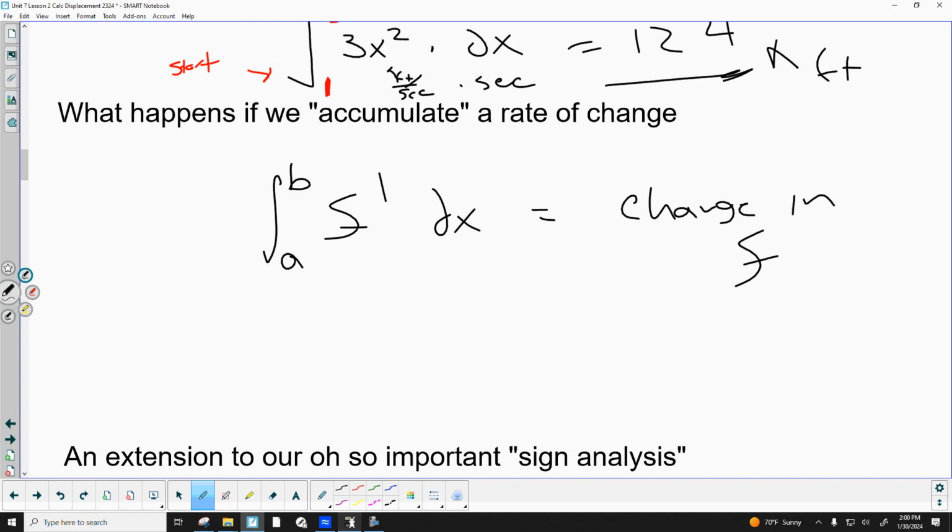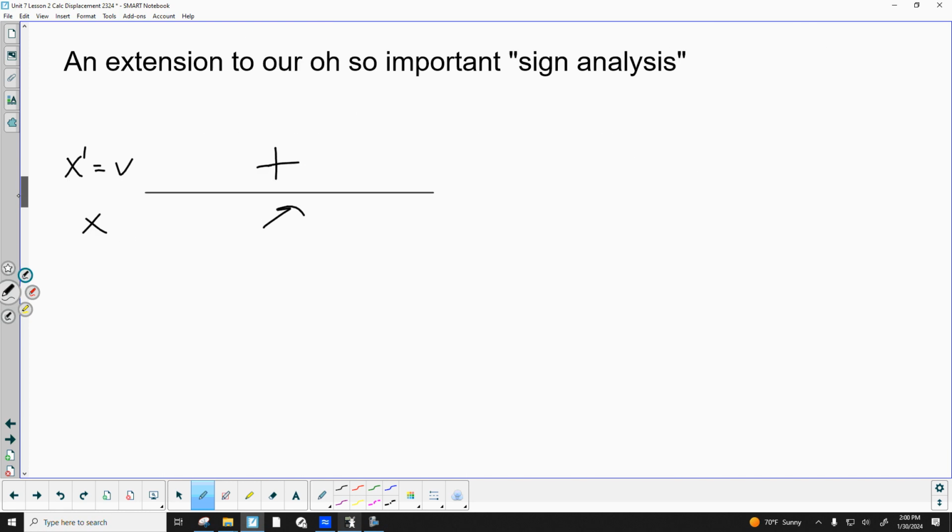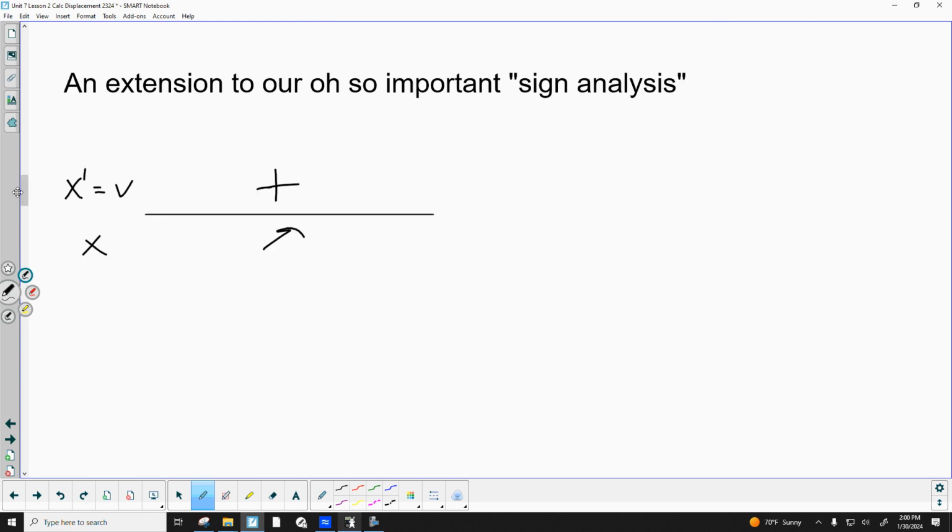Or, more importantly and more easy to understand, you have a sign analysis, right? Let's say the signs of my derivative were positive. You know that your position is increasing because its derivative is positive. We will add a new layer.